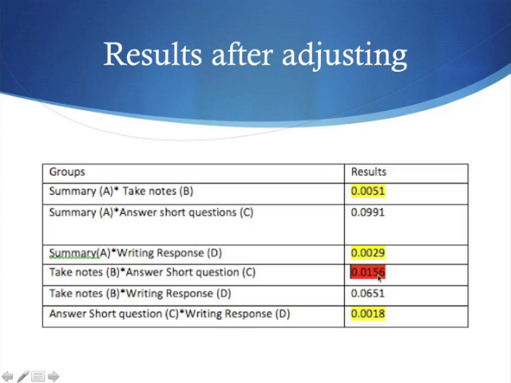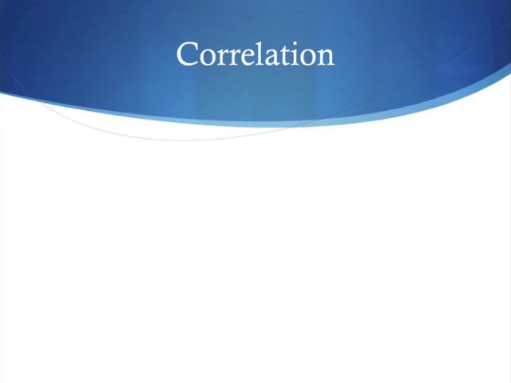So after using the Bonferroni, the comparison between those groups shows there are no significant differences. So Bonferroni protects us from doing this kind of mistake or type 1 error that we might have made if we do not use the Bonferroni tests.